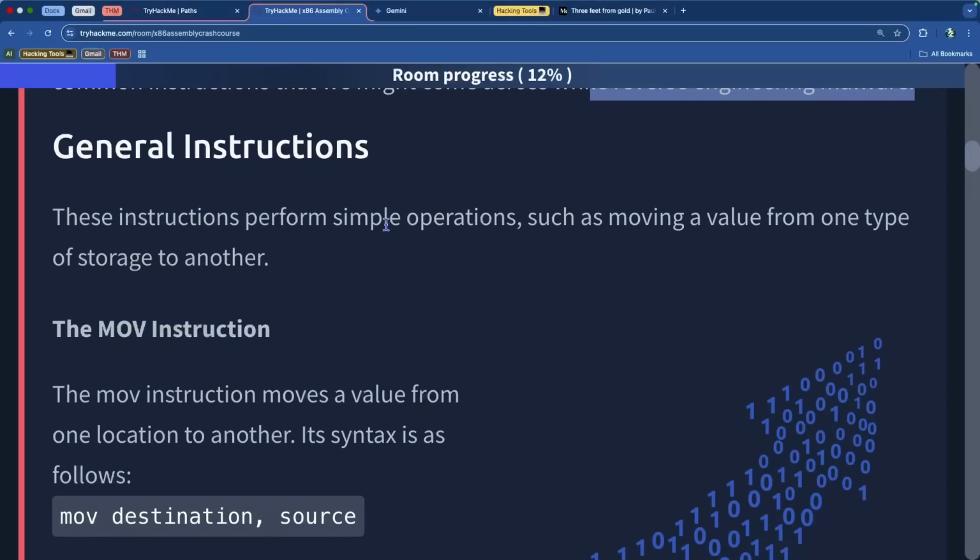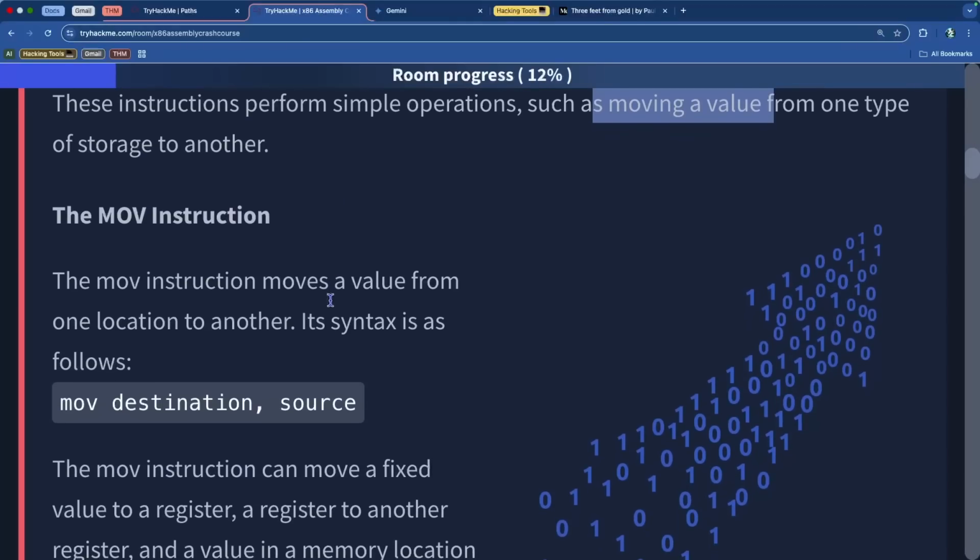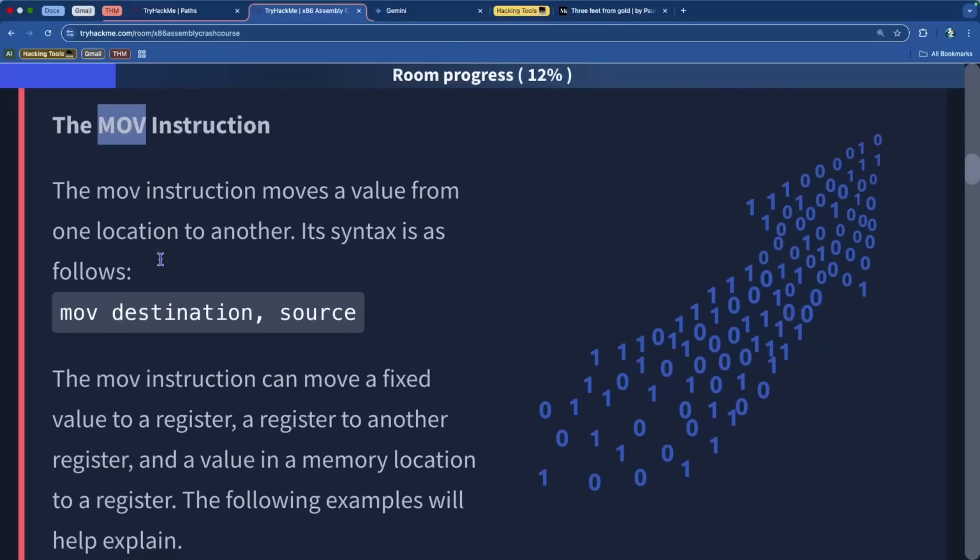General instructions perform simple operations, like for example, moving something from one type of storage to another. The move instruction. If you have ever used the Linux command line, you will end up seeing mov, and it moves something from one place to another place. So you would move it from the source to its destination, and usually the destination is some kind of a path.